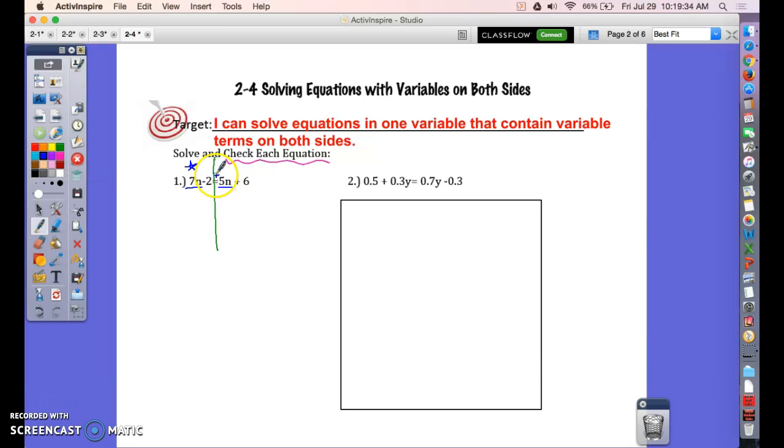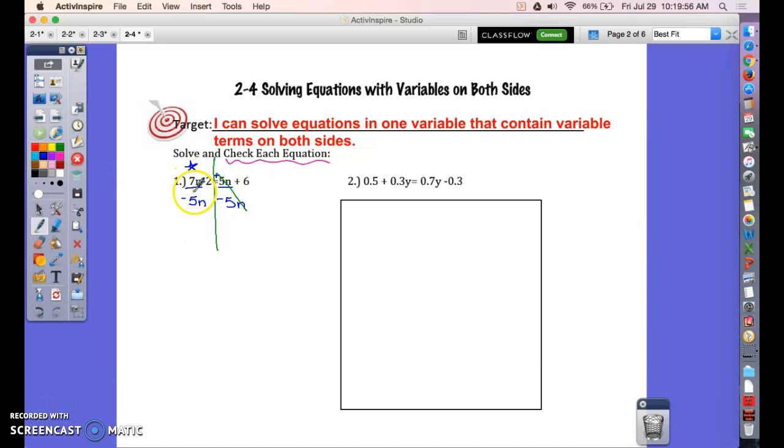We have a positive 5n, so I would subtract 5n from both sides. Remember, your goal is to cancel it out on the right. So that is how I figured out what to do. The opposite of a positive 5n would be taking away a 5n. Those are going to cancel, and I'm going to combine like terms over here.